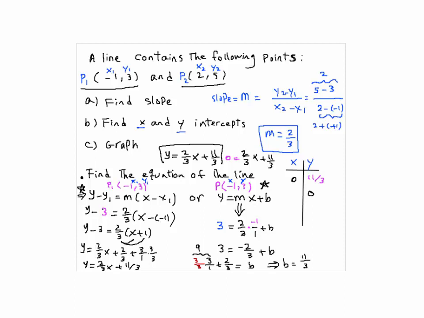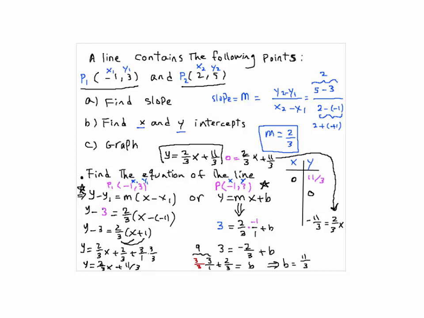Here we move 11. Let's continue this over here. Minus 11/3 equal to 2/3 x. Multiply both sides by 3/2.